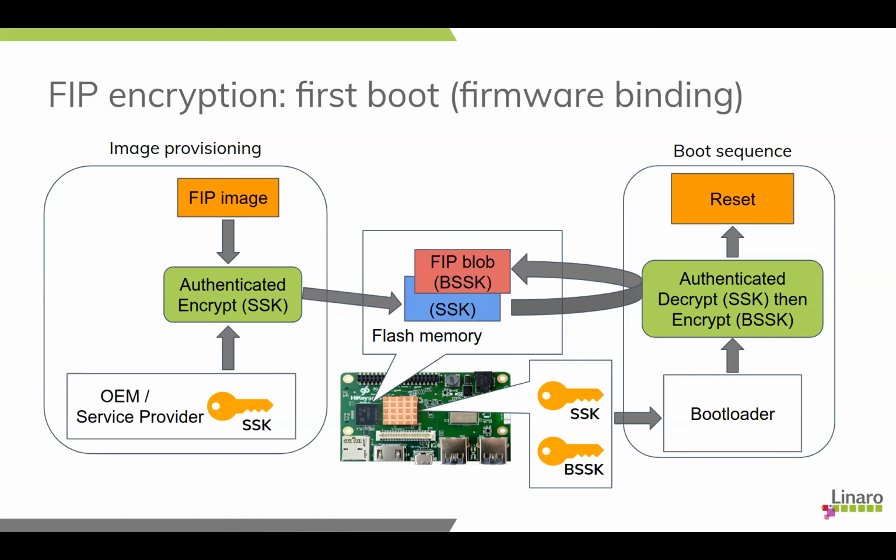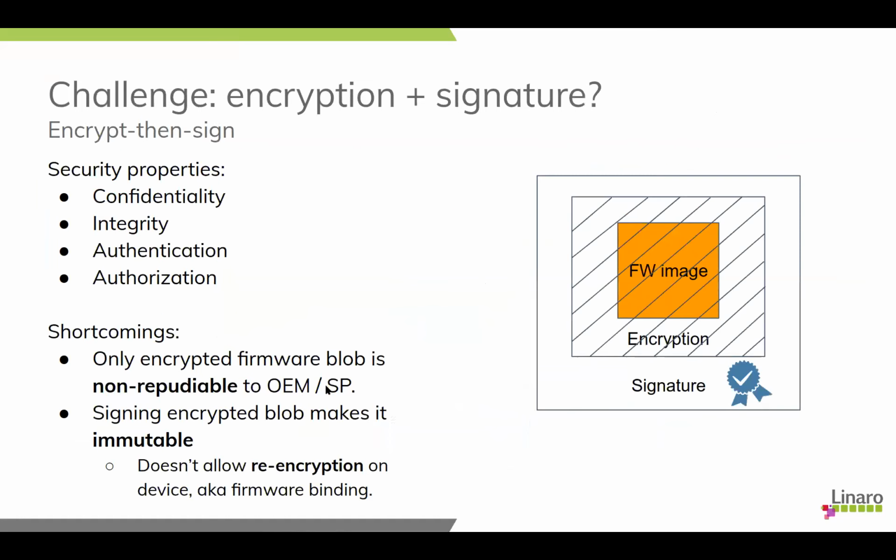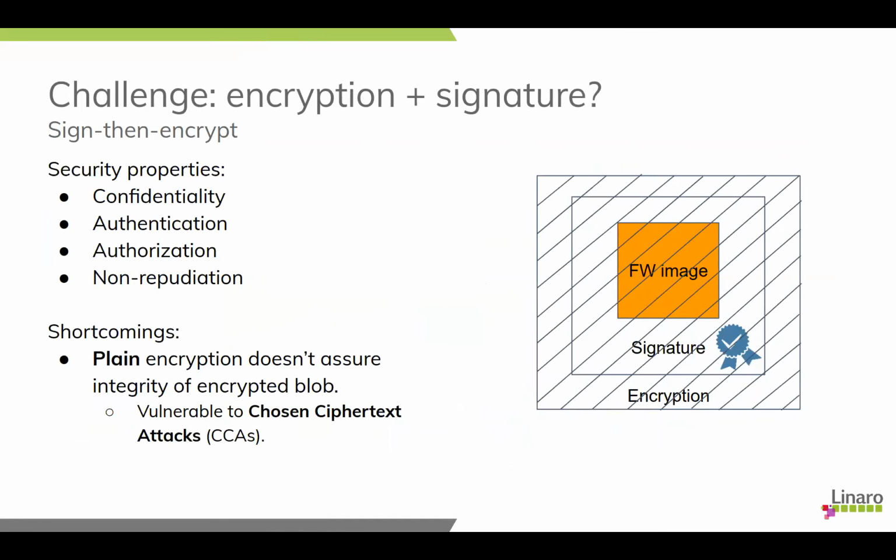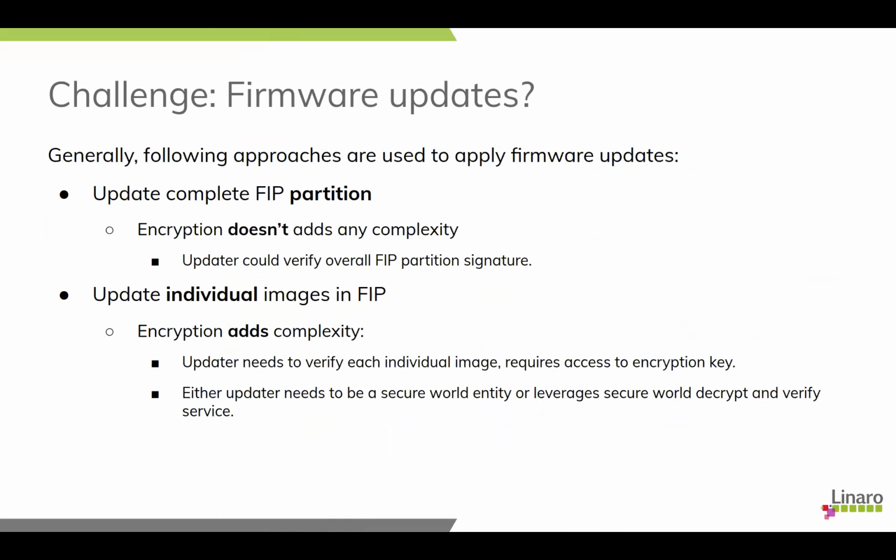Sumit, I've got a question about how you identify the encrypted partition inside the FIP blob. Does it mean that all the FIP is encrypted, or are you able to choose between BL31, BL32, and BL33 which one is encrypted? Yes, I think you are talking about this firmware updates section.